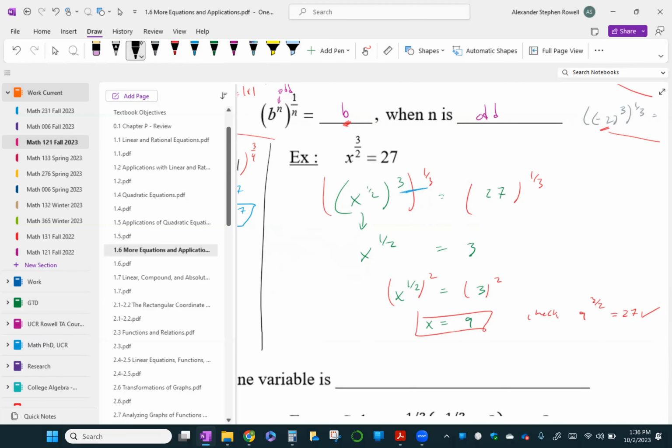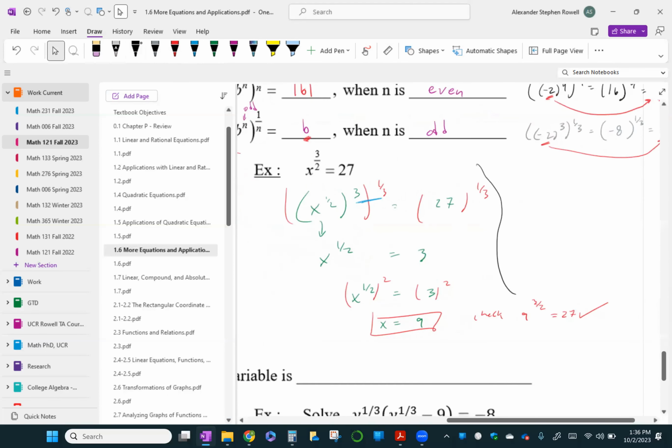To be clear, when you're trying to simplify these fractional exponents, you're trying to isolate x. You're trying to get x by itself. So you have to raise the power to where it will make the exponent 1 through multiplication.